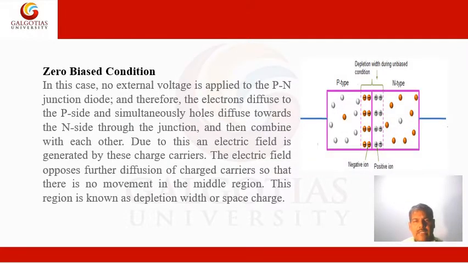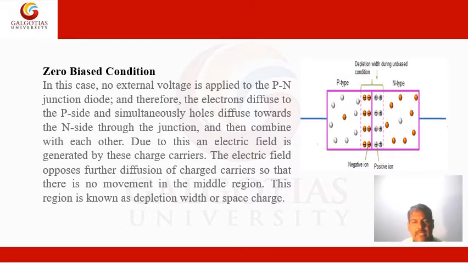In the zero biased condition, no external voltage is applied to the PN junction diode, and therefore the electrons diffuse to the p side and simultaneously holes diffuse toward the n side through the junction and then combine with each other.